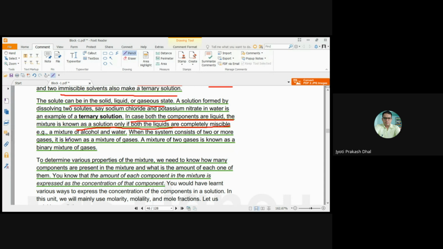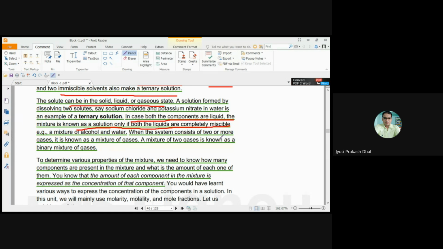So if you take a mixture of water and kerosene, that will not be a solution. But if you take a mixture of alcohol and water, because both alcohol and water are soluble in one another in any proportion, that is considered a solution.